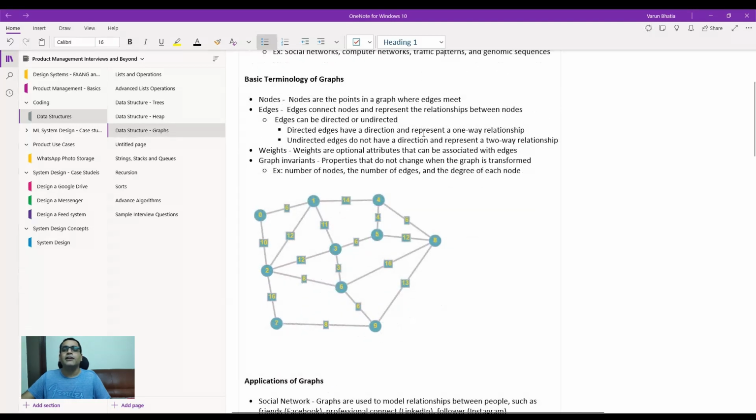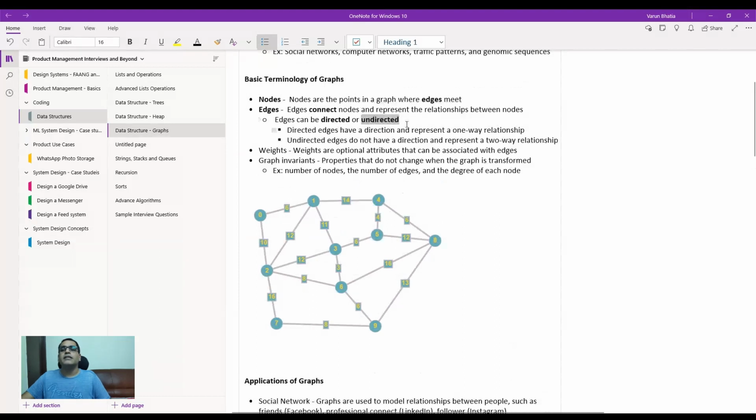So let's get into the basic terminology of graphs. What are some of the terms that you should be aware of? As mentioned, nodes. Nodes are points in graphs where your edges meet. Edges are used to connect nodes and also represent a relationship between the nodes, correct? And then edges can be directed as well as undirected.